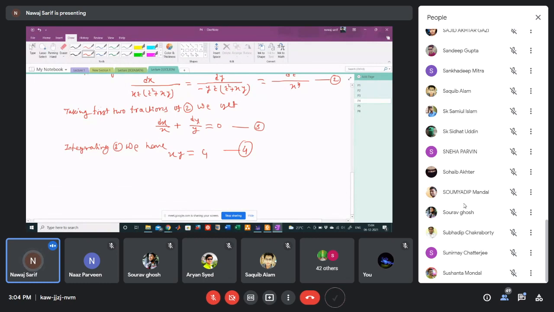From this equation 2, if you take the first two fractions, then you get one solution, but you cannot apply rule 1 here to find another solution. So you have to use this xy equal to c1 in these two terms.